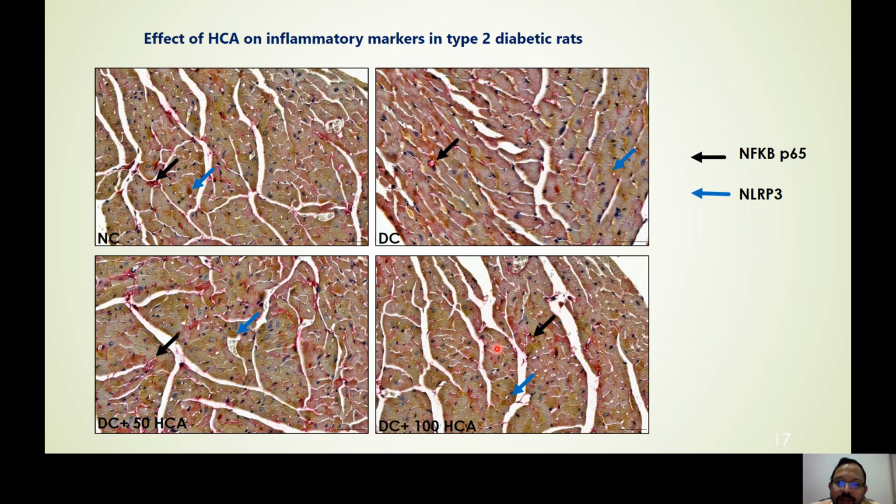From this study, we can conclude that HCA is one of the new drugs that can reduce the alteration in body weight, reduce blood glucose levels and increase insulin levels. It can also reduce oxidative stress and increase antioxidant enzymes like SOD, catalase, GPX, and reduce the inflammatory markers like MYD88, TLR4, NFKB, P65, and NLRP3.